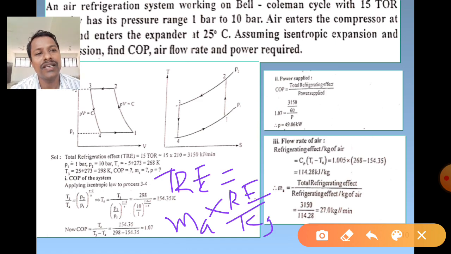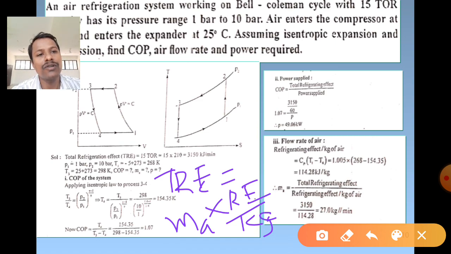This is the formula that we must remember. Please remember this. What I am stressing here is that total refrigeration effect is equal to the mass flow rate of air circulated inside the Bell-Coleman cycle into the refrigeration effect per kg of air.